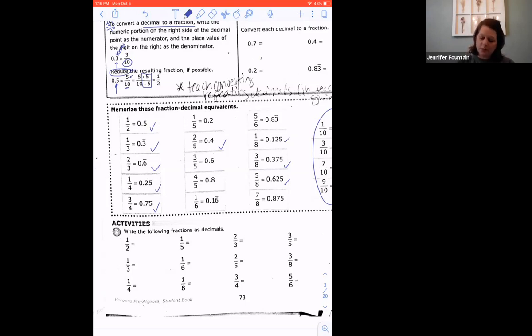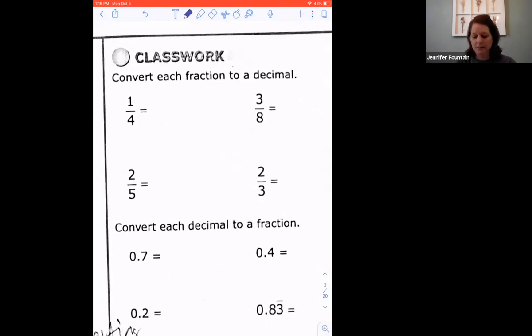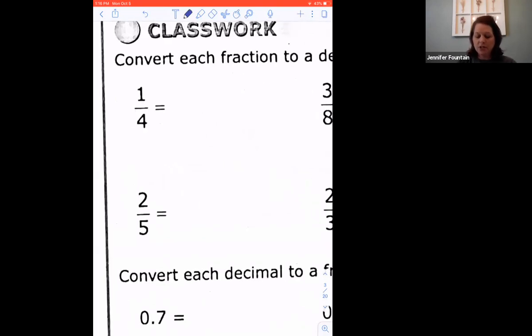But what we're going to do is look at these, converting each fraction to a decimal. So remember, to convert a fraction to a decimal, I'm going to start and say 4 into 1. I divide the denominator into the numerator.